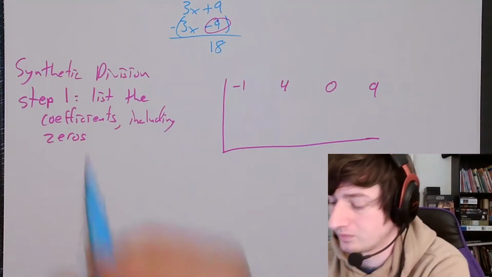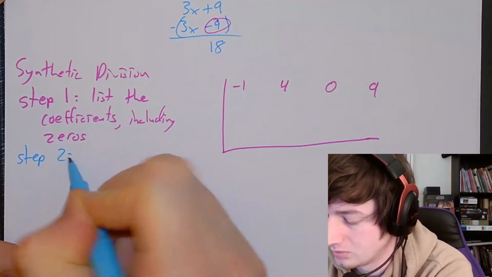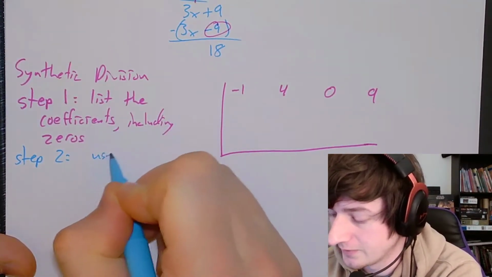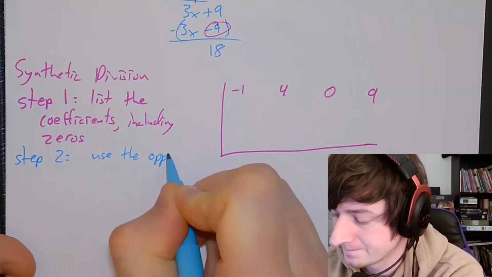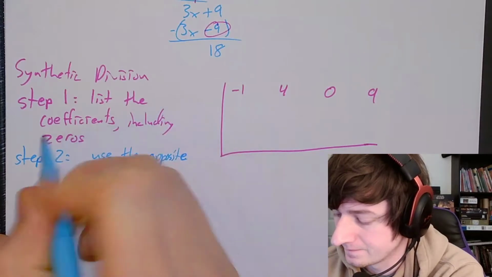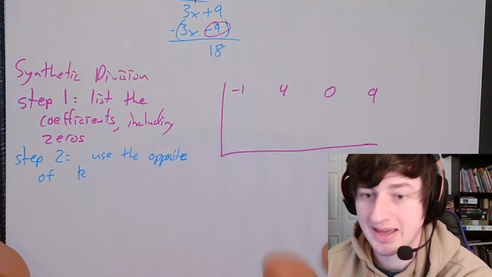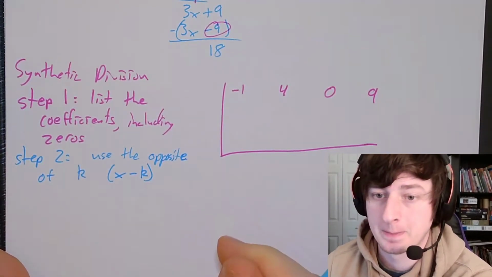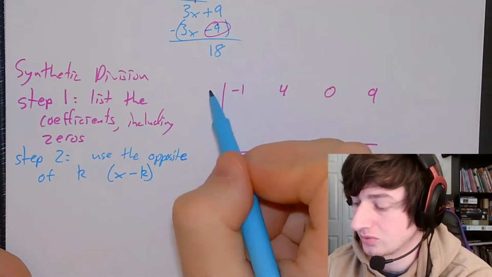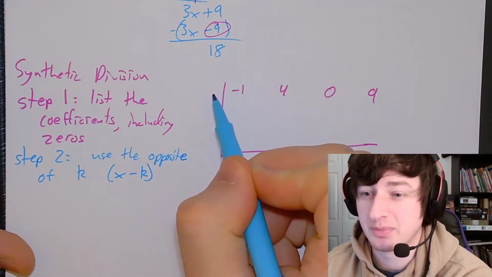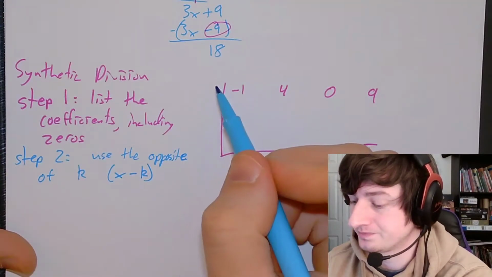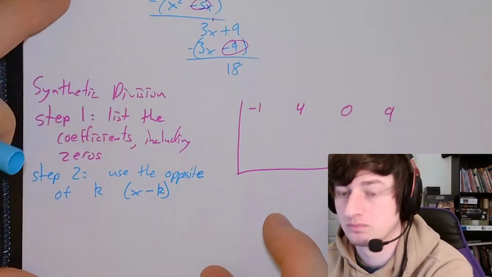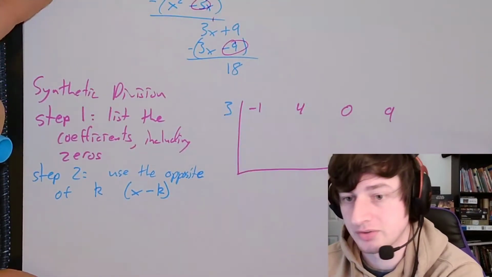Step 2. Use the opposite number of k. So k being x minus k, the thing we're dividing by. That's going to go right here. So the problem was dividing by x minus 3, so I'm going to write a +3.